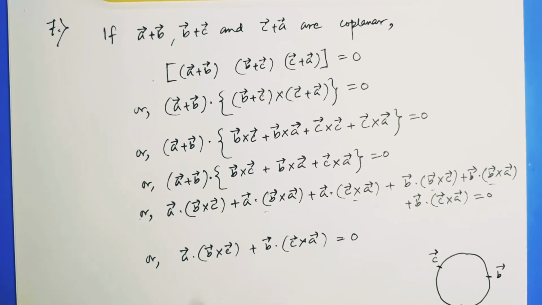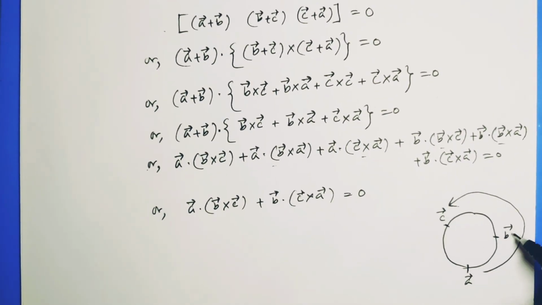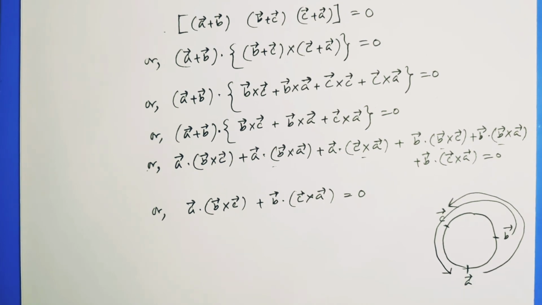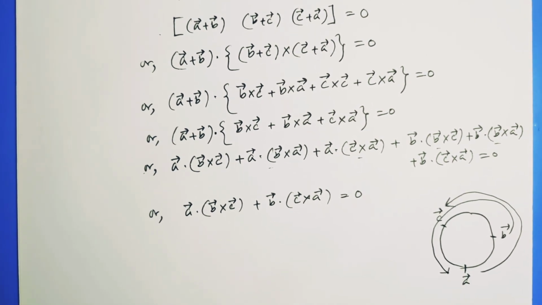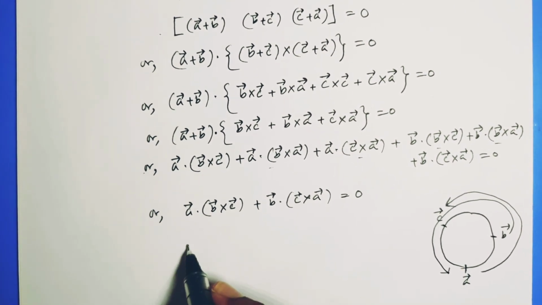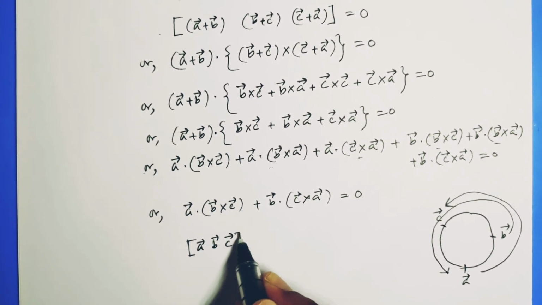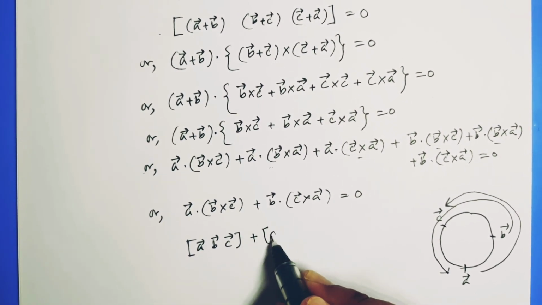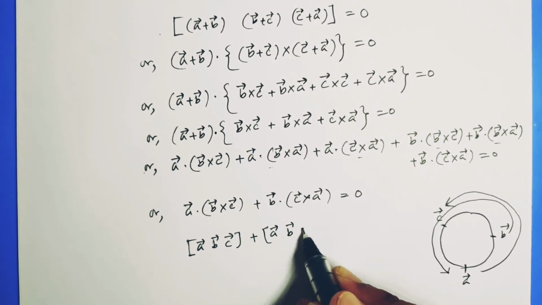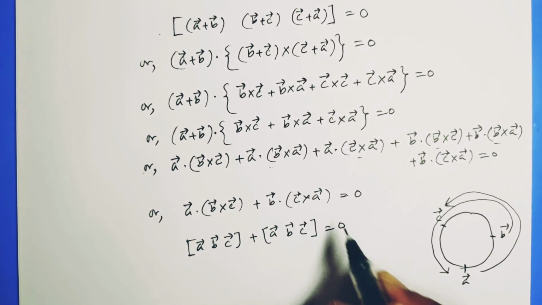So ABC goes in anti-clockwise direction, and BCA also goes in anti-clockwise direction. Yes or no? So both are equal. So if I write this one as [A, B, C], can I write this one as [A, B, C]?